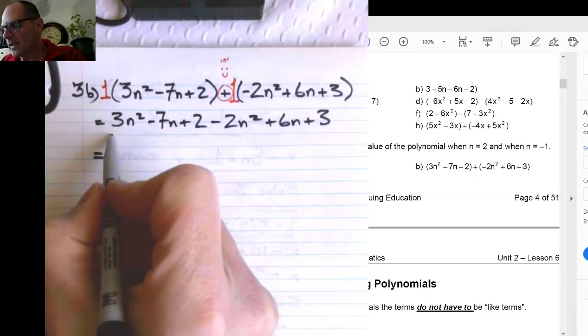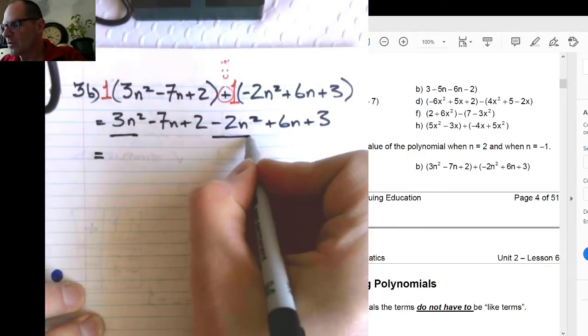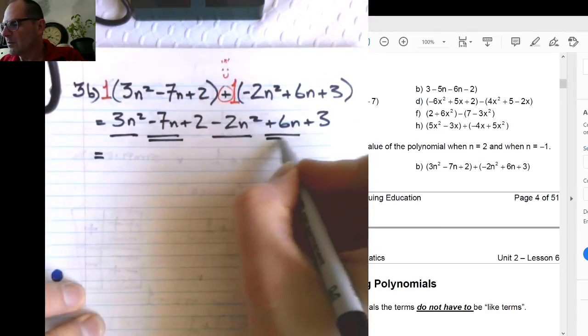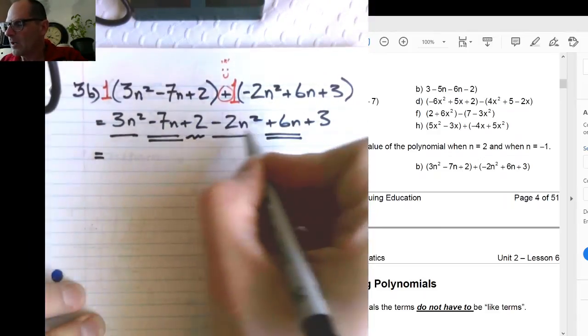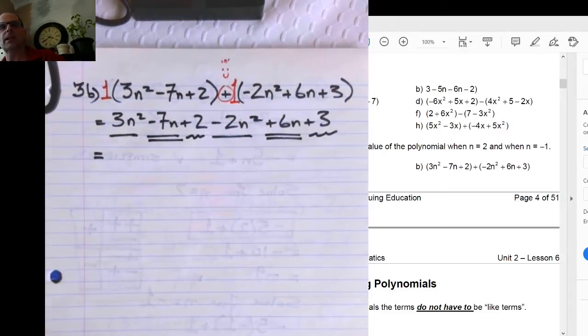Next step, let's identify our like terms. We have squared term here, single power term here, constant, constant. So we're going to put all of those terms together in the next line when we move down.